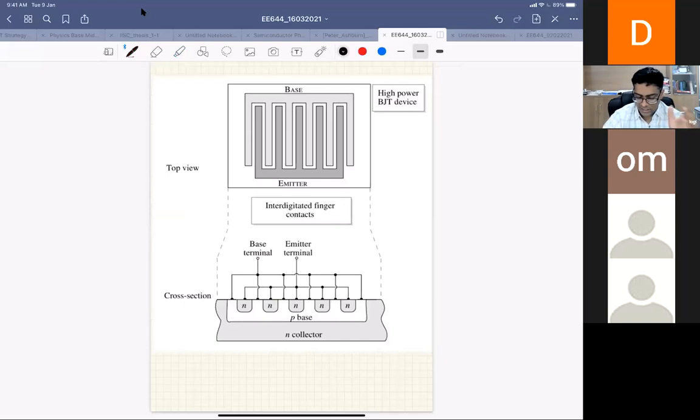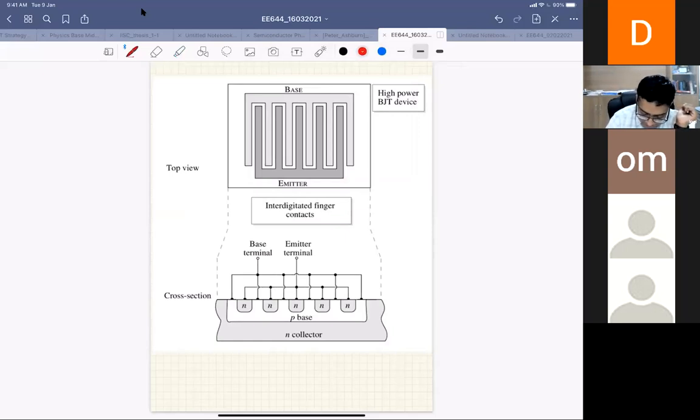Basically, if you have an emitter, you create your base also. So this is your base, and you make emitter fingers. To avoid this emitter crowding, you divide the emitter into smaller regions and connect them in parallel.